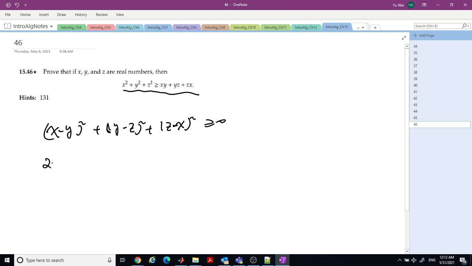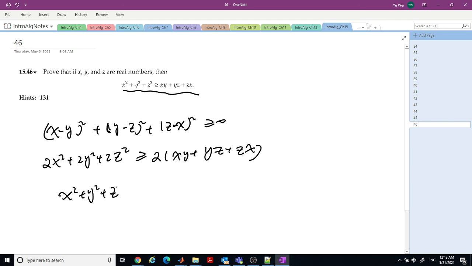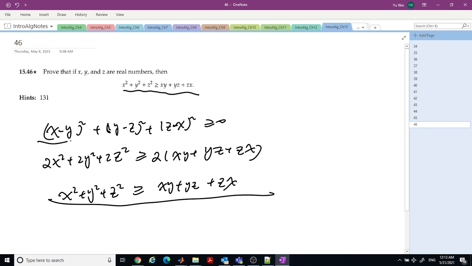So expanding, we have 2x squared plus 2y squared plus 2z squared greater than or equal to 2 times (xy plus yz plus zx). So in this case, you have x squared plus y squared plus z squared greater than or equal to xy plus yz plus zx. If the equal sign is established, it means each term is 0, 0 and 0. So the equal sign means x equals y equals z. Okay.